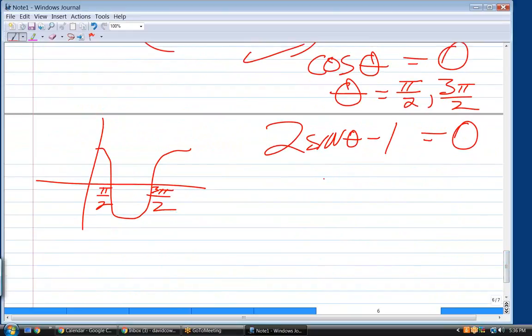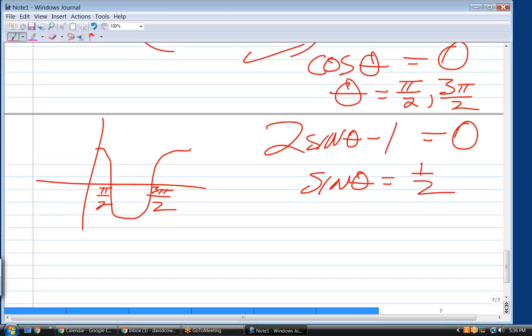Now let's solve the second equation. What's the sine of theta equal to? Solve this equation first of all for sine of theta. First of all, you've got to move the 1 over, so plus 1 plus 1. Then divide everything by 2. So sine of theta is equal to 1/2. Where does that occur?